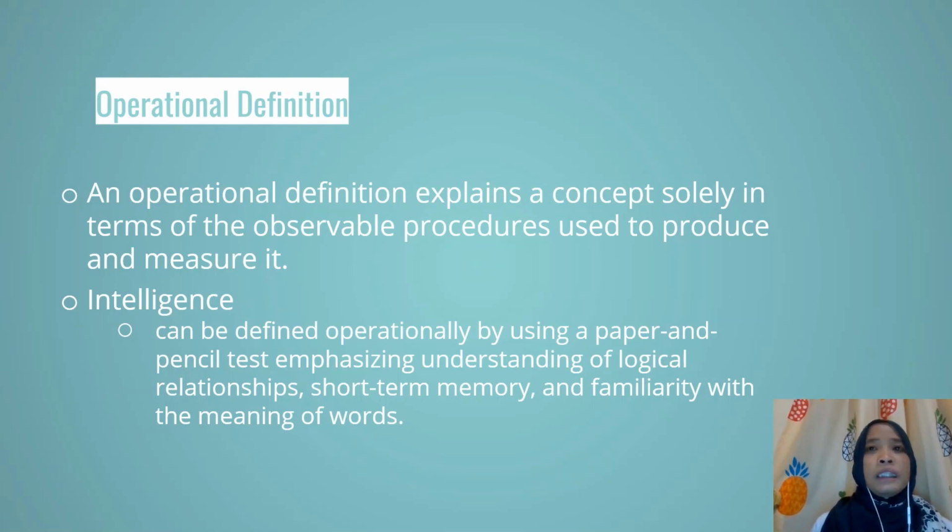So we define intelligence in an operational way, so we know how to measure intelligence. We explain it here: paper and pencil test. The aspects of intelligence that we want to measure are the logical relationship, the short-term memory, and familiarity with the meaning of words. That's how we are going to measure intelligence.